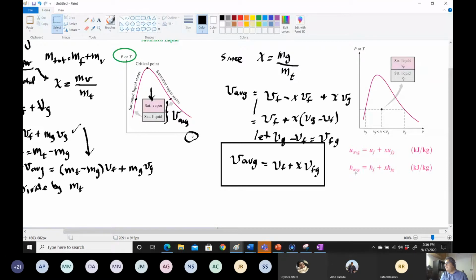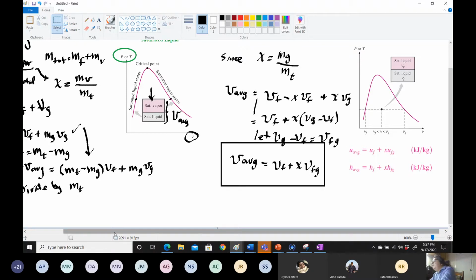And the enthalpy, it's the same calculation. All right, so you use the same format. This is almost like a rule of mixtures way: given the quality, you can find the internal energy and the enthalpy, and also the specific volume for any material that's inside the bell curve, inside that saturated curve.